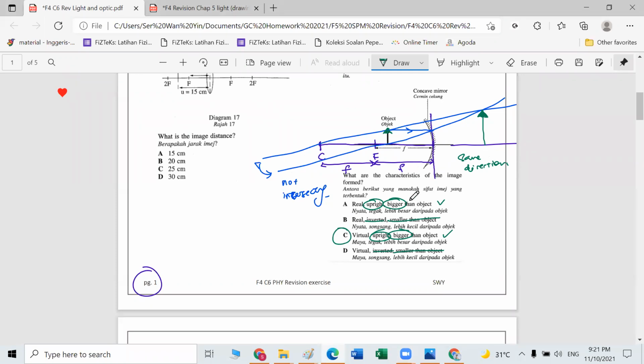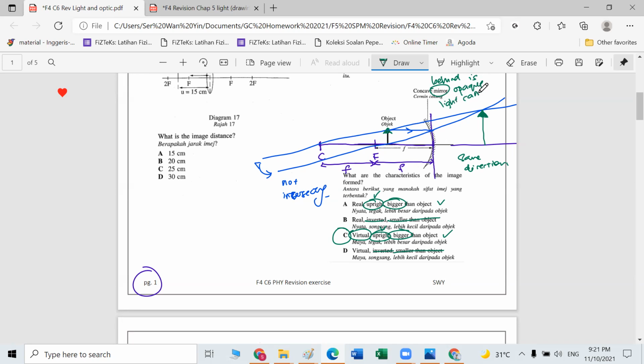Okay, normally upright, it would be virtual. Inverted, only real. Or we look at this. Easy, yes, Chiron. I like your confidence. Okay, behind, this is mirror. Mirror means behind is opaque. Opaque means light cannot pass through.